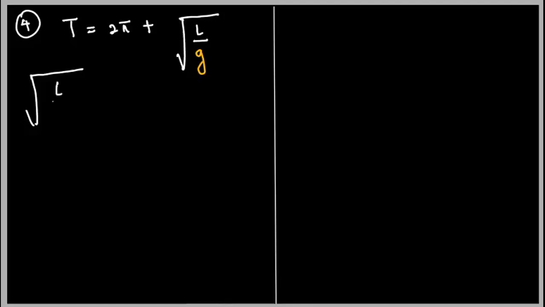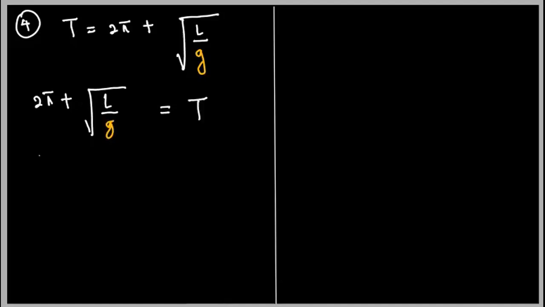We have 2 pi first, plus the square root of L over G, and then equals T.